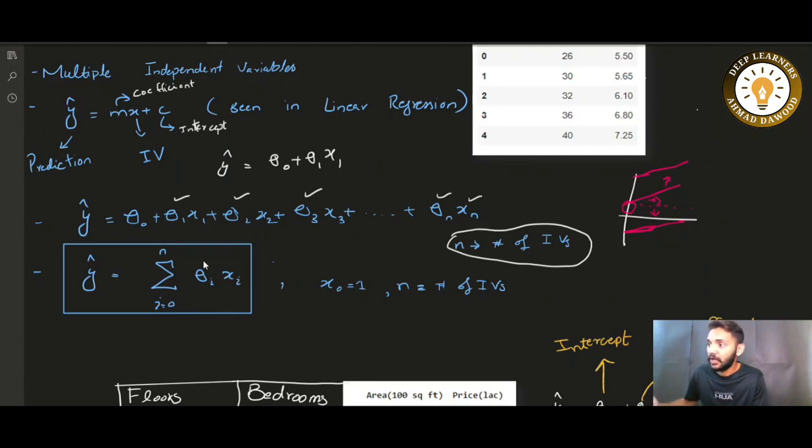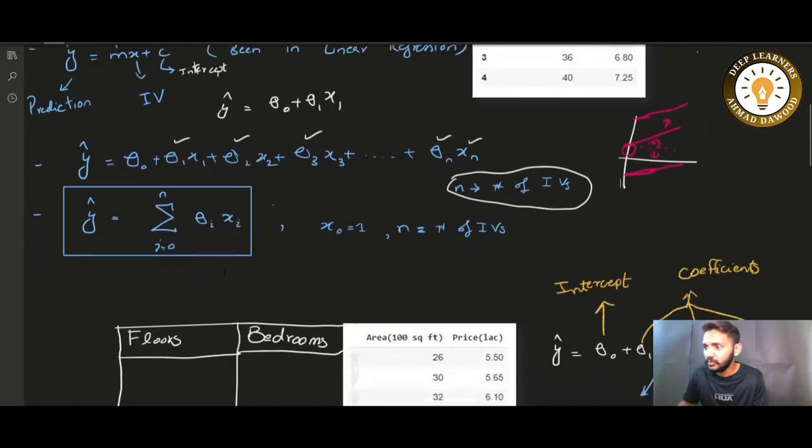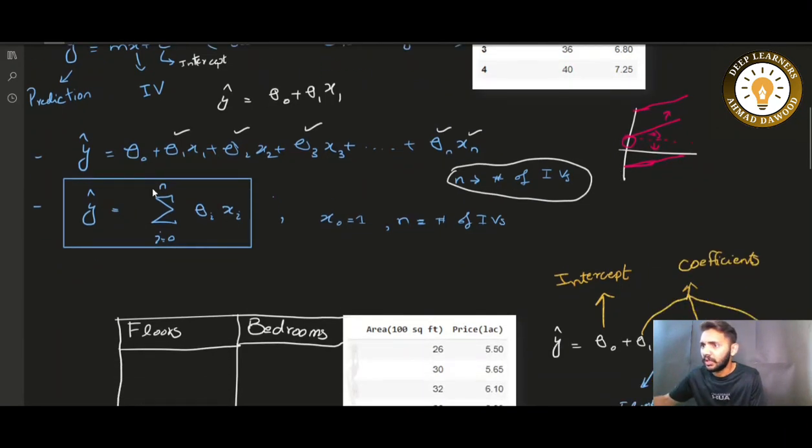Like if we have n independent variables, then we will also have n thetas, plus the intercept. And we can also summarize this whole equation in sigma notation, where I start from 0 to n.